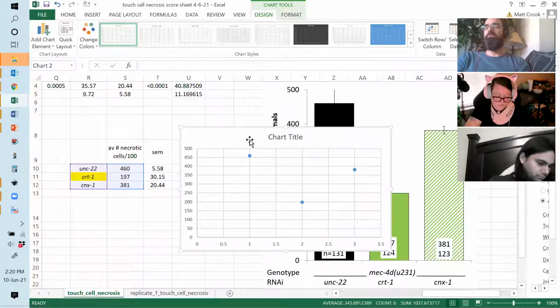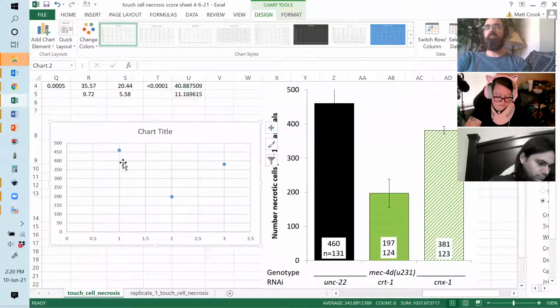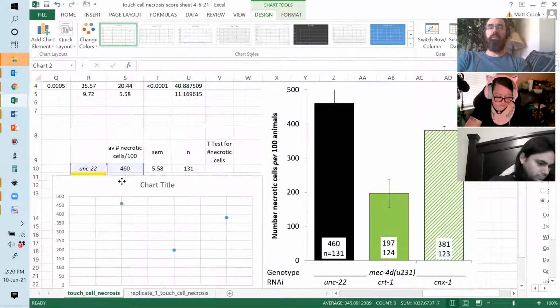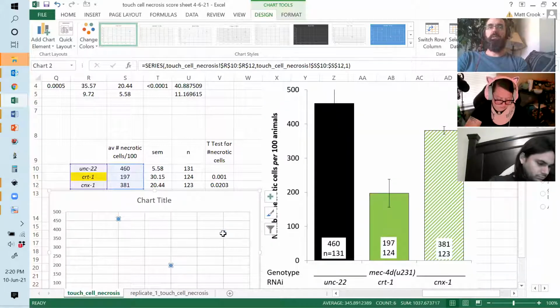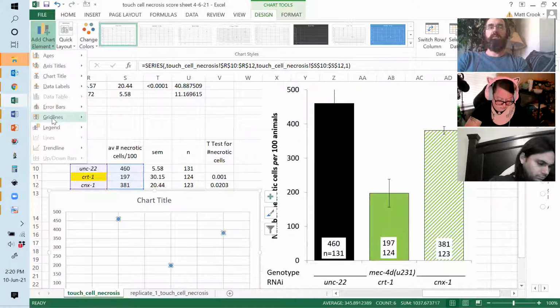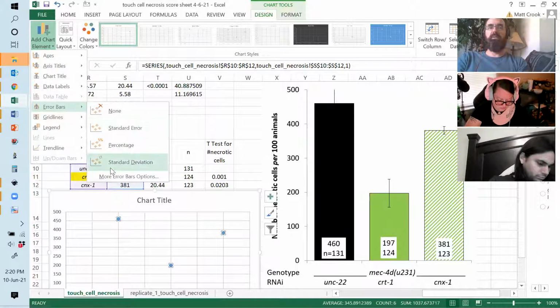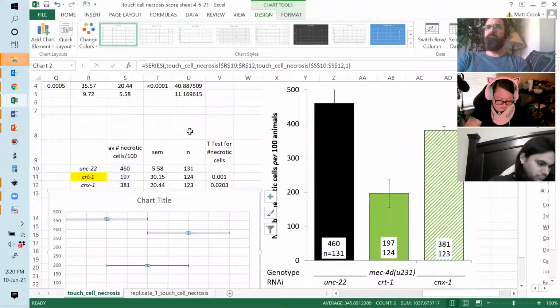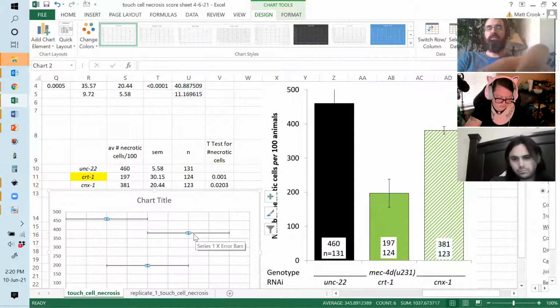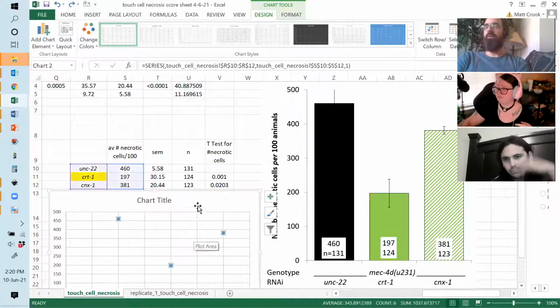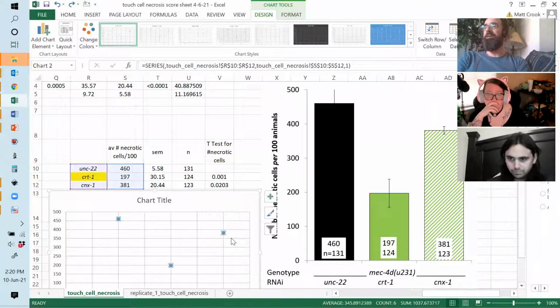So you can either plot them like this as just circles. And I'm just putting the error bars on. No, not like that. All right, see, that's why I don't do dot plots. Anyway, they'll be up and down.